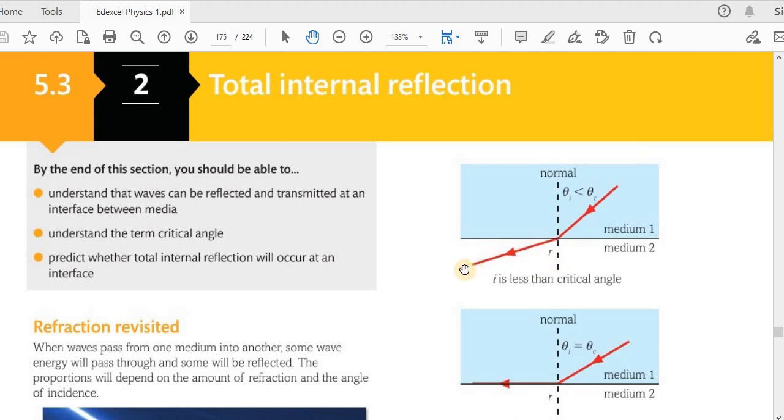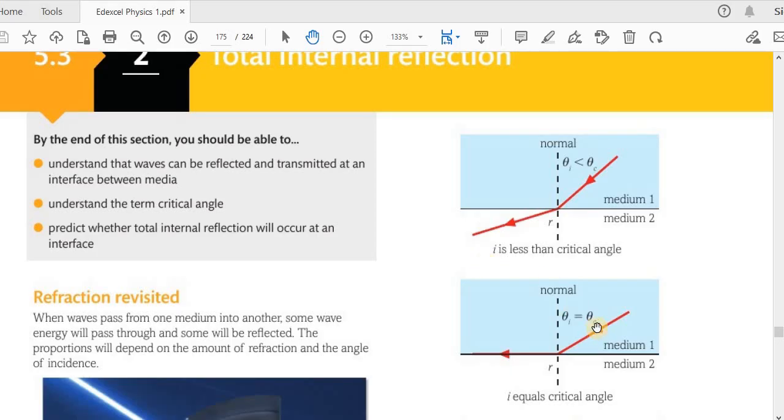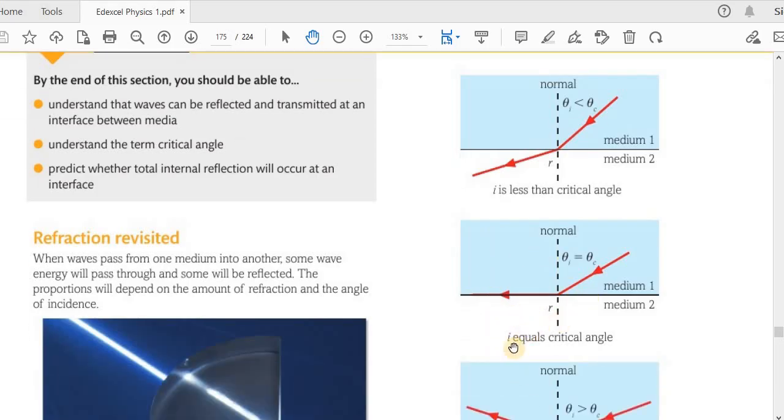It is the angle between the refracted ray and the normal. What you have to remember here is this angle here is now the critical angle, because when the angle of incidence is the critical angle, you will have the refracted ray going along the interface. Remember what the interface is? It's the boundary between the two materials. So over here I equals the critical angle. The angle of incidence is equal to the critical angle.